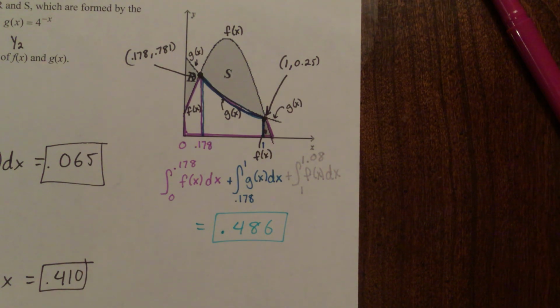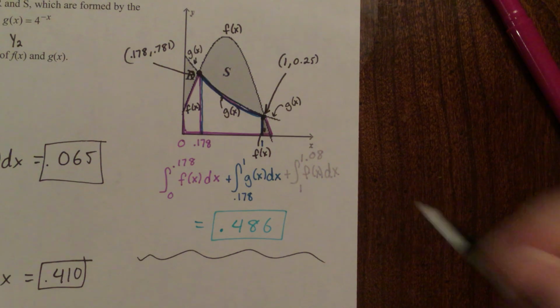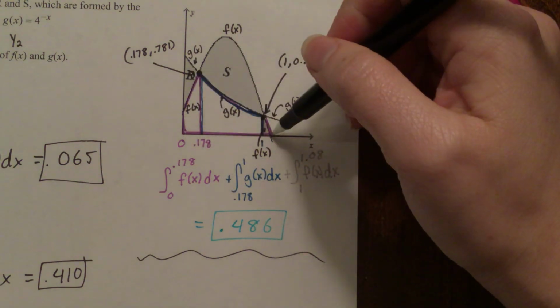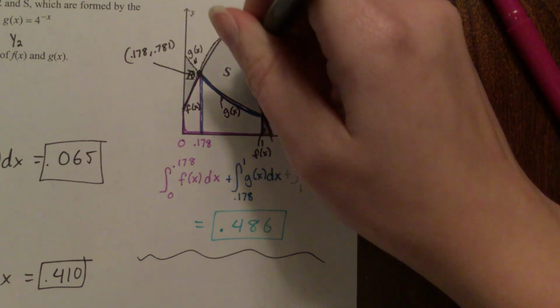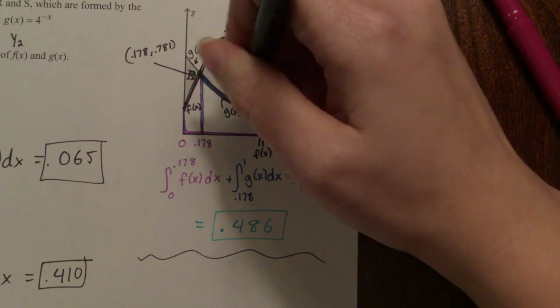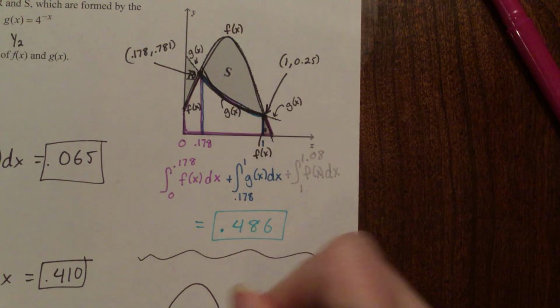Okay, there is a different way that we could have done that one. Instead of looking at all the tiny little pieces, the other way to do that last problem is to realize that the white area is the area that is underneath F and underneath G. I'm going to draw that again down here.